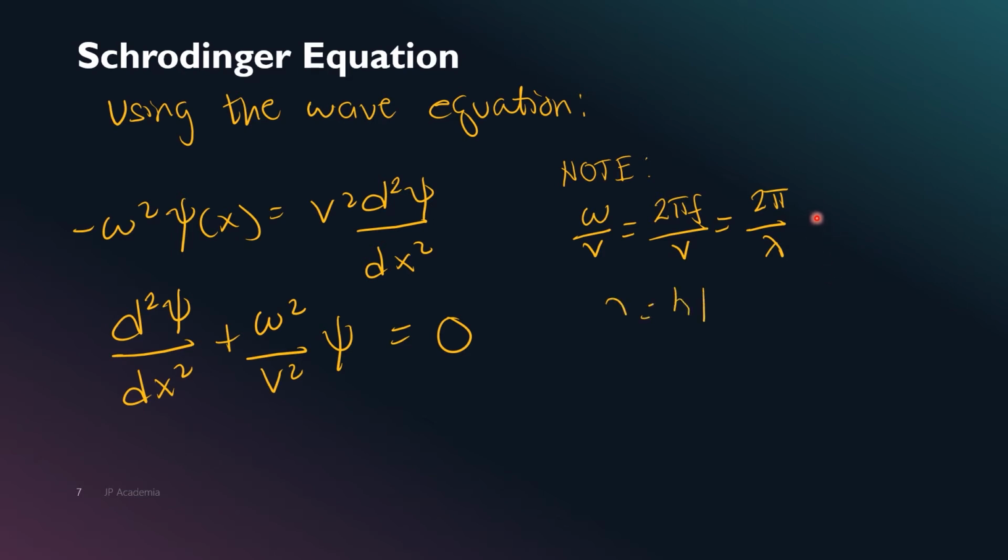In addition, we can express our wavelength lambda using the de Broglie wavelength, so that's equal to h over p. And therefore, omega over v is equal to p over h bar, as shown, wherein h bar is our reduced Planck's constant.